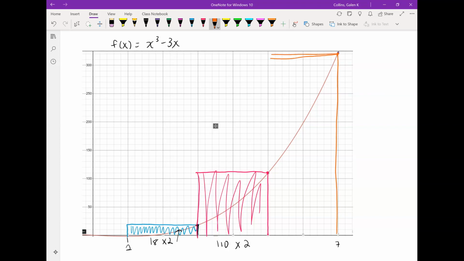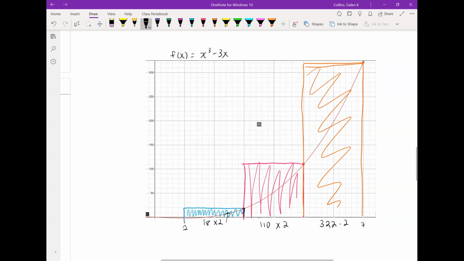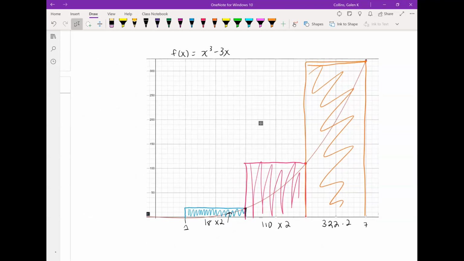Whoops, that's a terrible looking rectangle. So f of 7 times 2, again, we said f of 7 was, what did we say, 322, I think. So the area of this rectangle is 322 times 2. And then we're just adding those areas together. And again, we can see that this isn't a great estimate for the area under the curve since all those rectangles are taller than the curve, but it's an approximation.